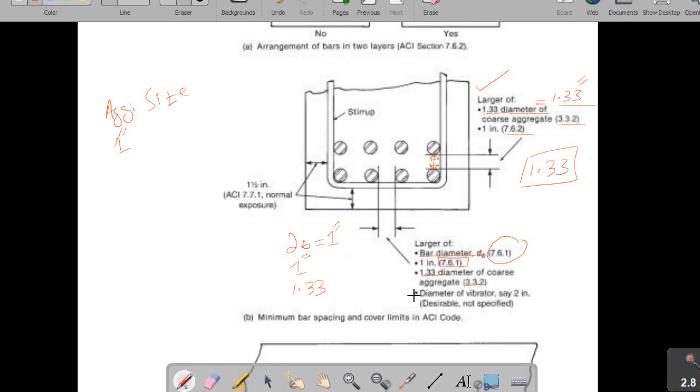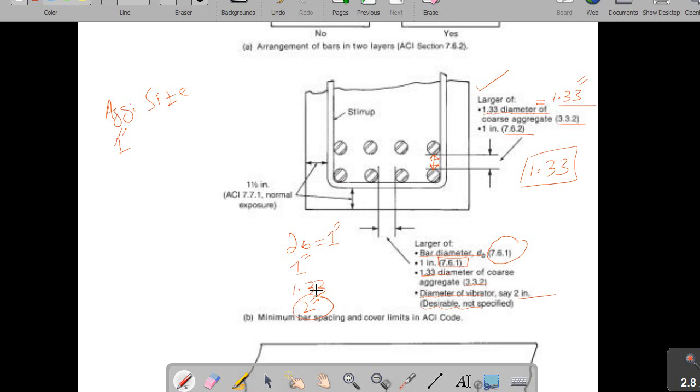And the final criteria, which is optional: this is desirable but not specified. The diameter of the vibrator, say 2 inches. If you are using a vibrator, this is in ACI optional, not mandatory, but if it is satisfied, then you have to maintain this 2 inches.